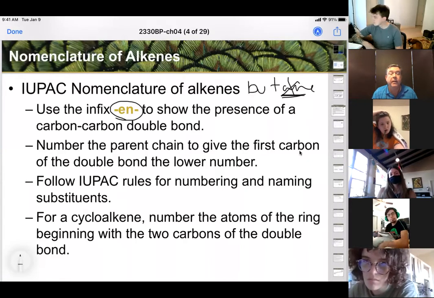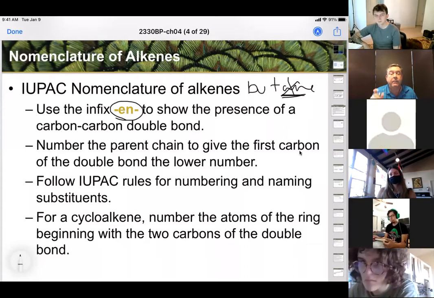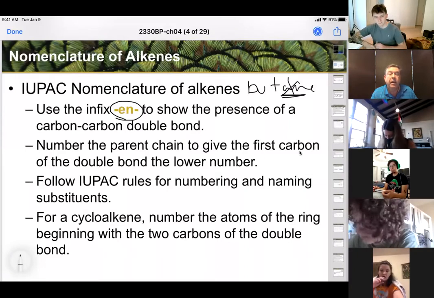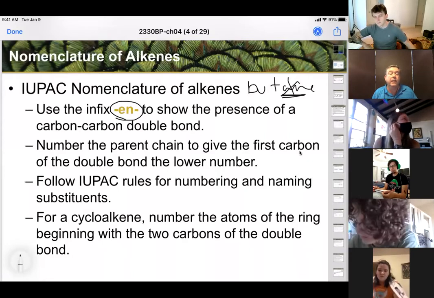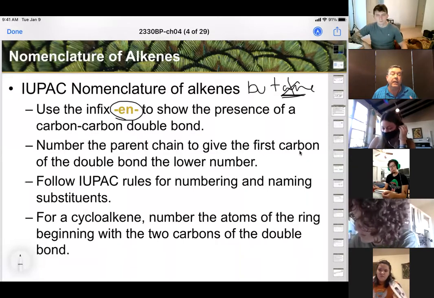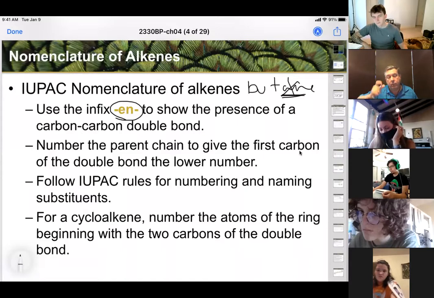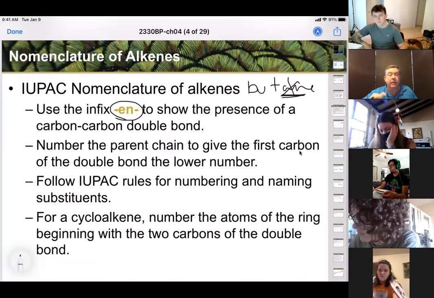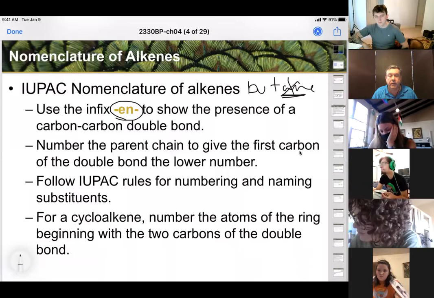For a cycloalkene, we just put the number of atoms in the ring, and one of the two carbons of the double bond is 1 and the other is 2, unless you have a substituent, then you can figure it out. But you always start on the double bond in a ring.